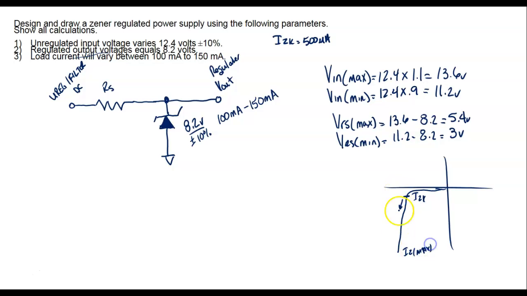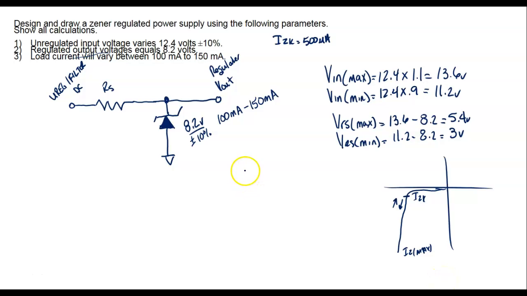I want it to operate somewhere in here. So when I choose that resistor, I want to move it this way. I don't want to move it that way, right? You understand that? So if voltage goes down, Zener current goes down, which will move it which way?